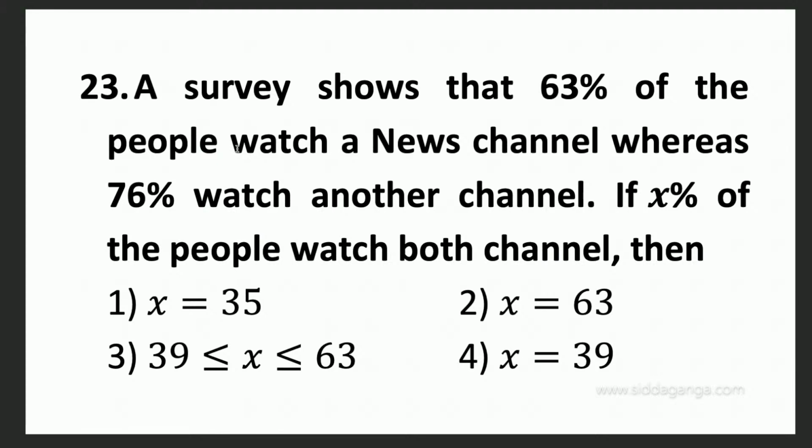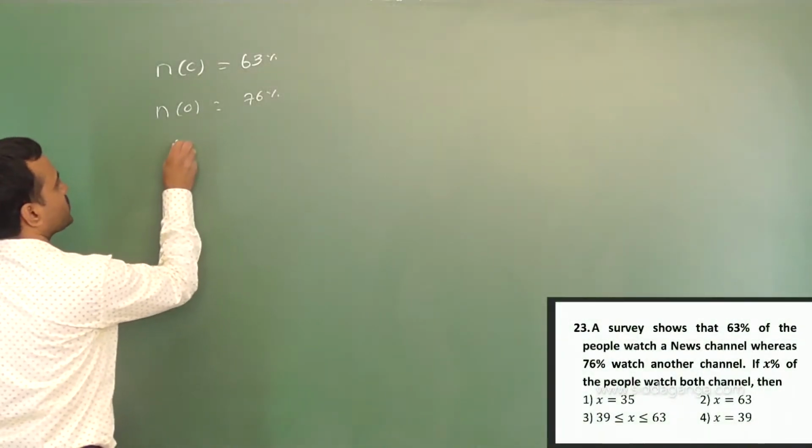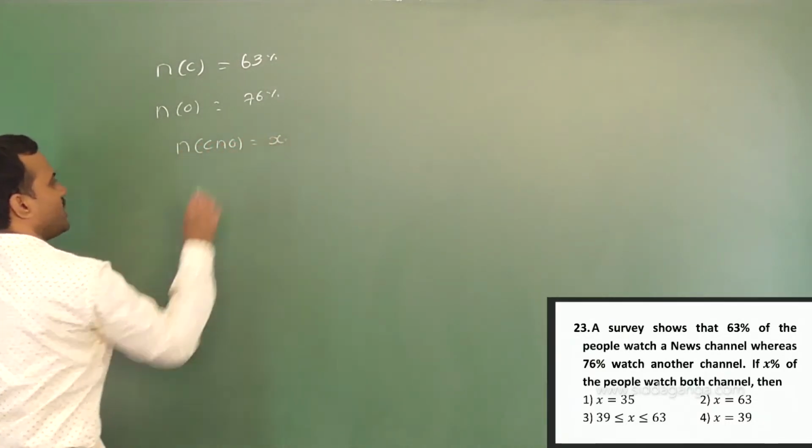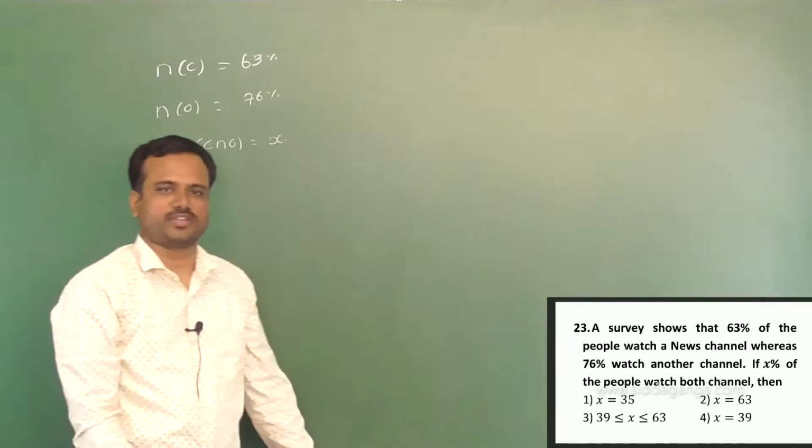X people watch both channels, so n of C intersection O is X.